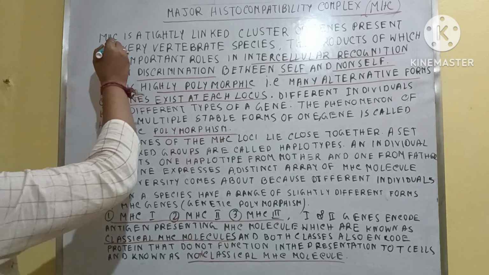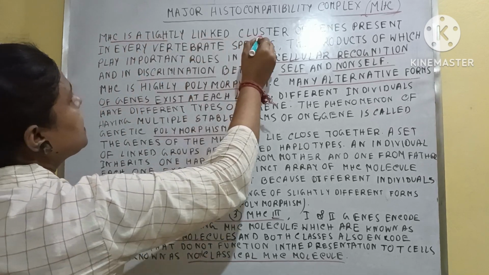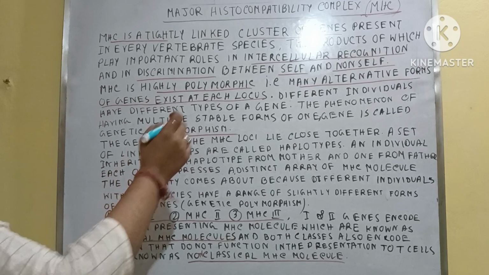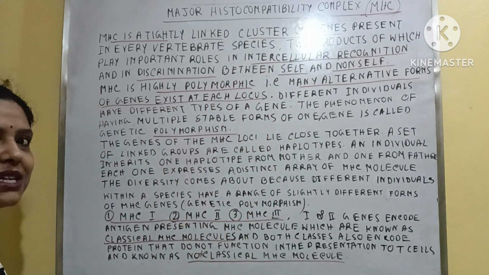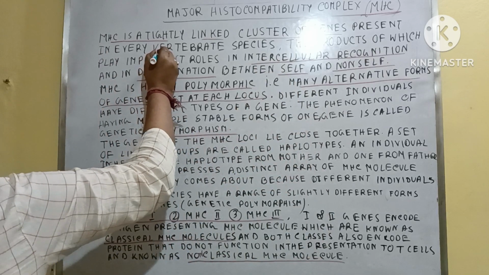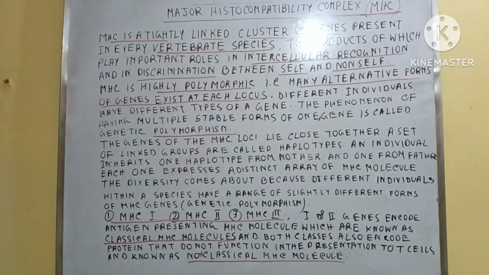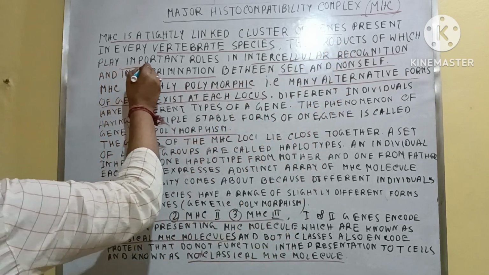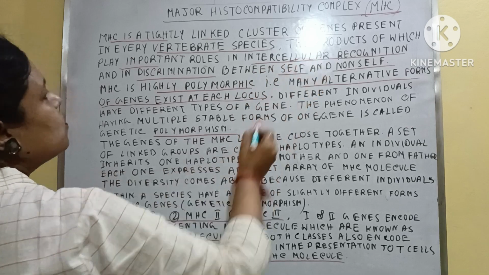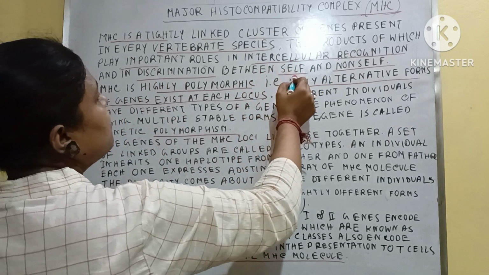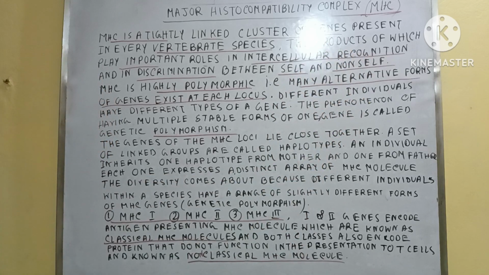This is actually a tightly linked cluster of genes that is present in every vertebrate species, and the products of which play important roles in intercellular recognition and discrimination between self and non-self.